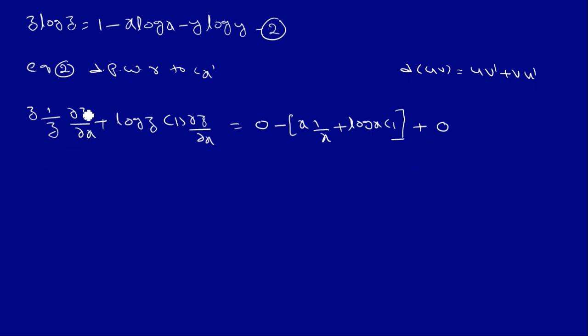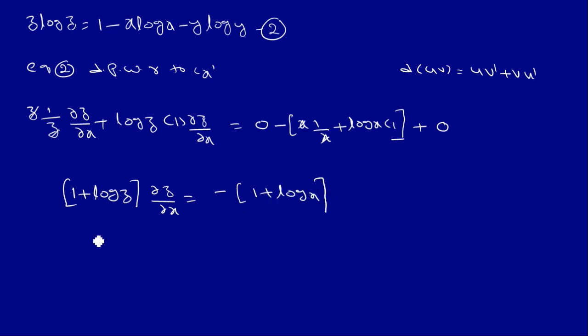So what is the common term? ∂z/∂x. Here z and z cancel, and here x and x cancel. So (1 plus log z) into ∂z/∂x equals minus (1 plus log x).